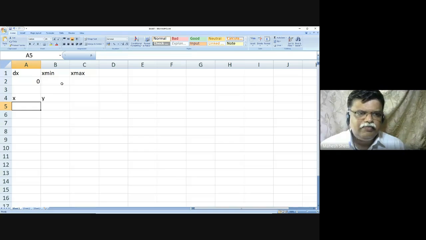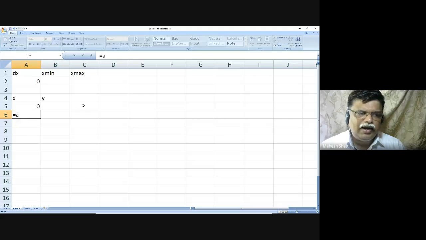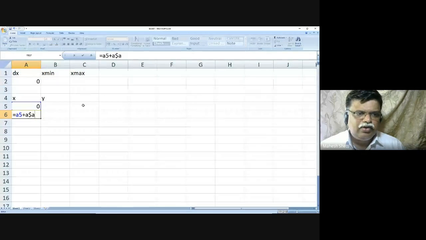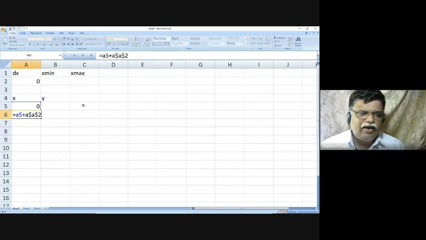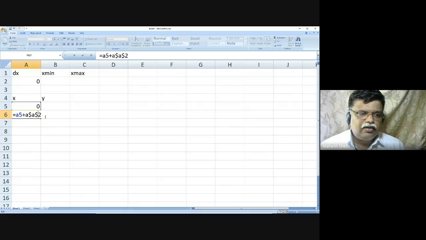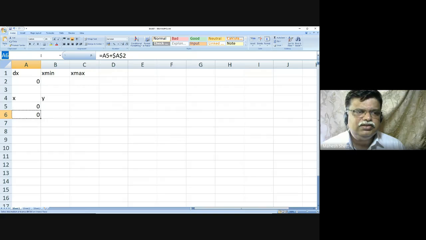I'm just taking some number, and this value is going to be whatever is in the lower limit. This is the standard stuff that we have been doing. I write the formula A5 plus dx, and I have to put this into the next 1000 cells.